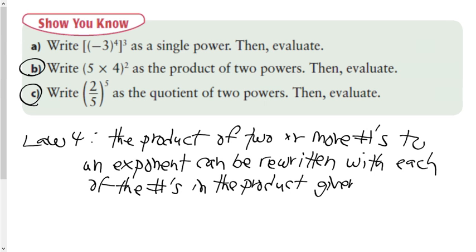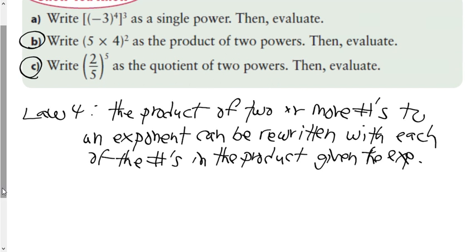Now that sounds complicated. The product of two or more numbers to an exponent can be rewritten with each of the numbers in the product given the exponent. That's about as wordy as you can possibly get.